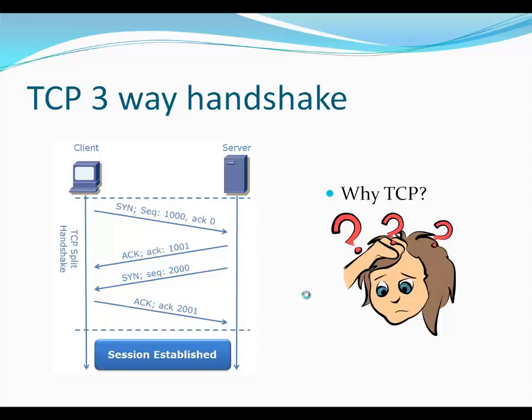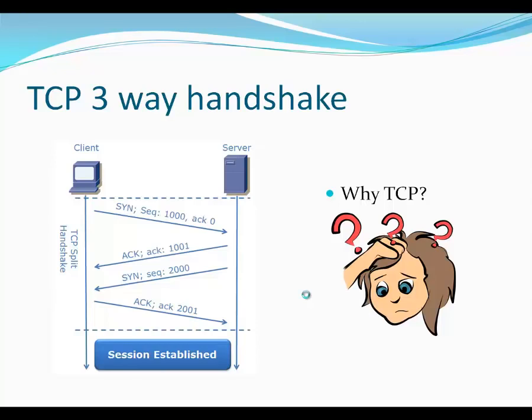Another reason TCP is chosen over UDP is that UDP is a connectionless protocol. UDP is typically used in scenarios like video conferencing or live video, where even if a few frames are lost, not much is impacted.